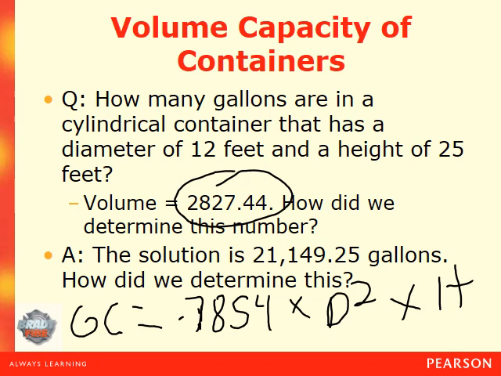Then we take that number and multiply it by what? 7.48. So 7.48 times 2827.44 gives us 21,149.25 gallons.